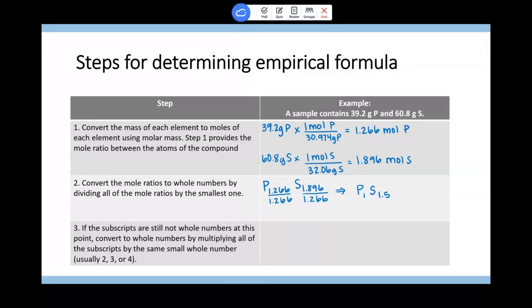So 2 works. Multiply by 2 for each subscript. So I'll say P1 times 2, S 1.5 times 2, and that gives us P2 S3. And now this is our empirical formula, P2 S3.